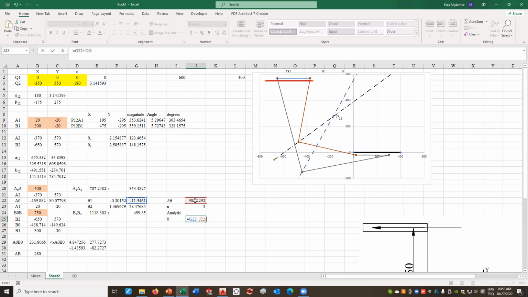I will select, I think 20 is good enough. 20 by this value.